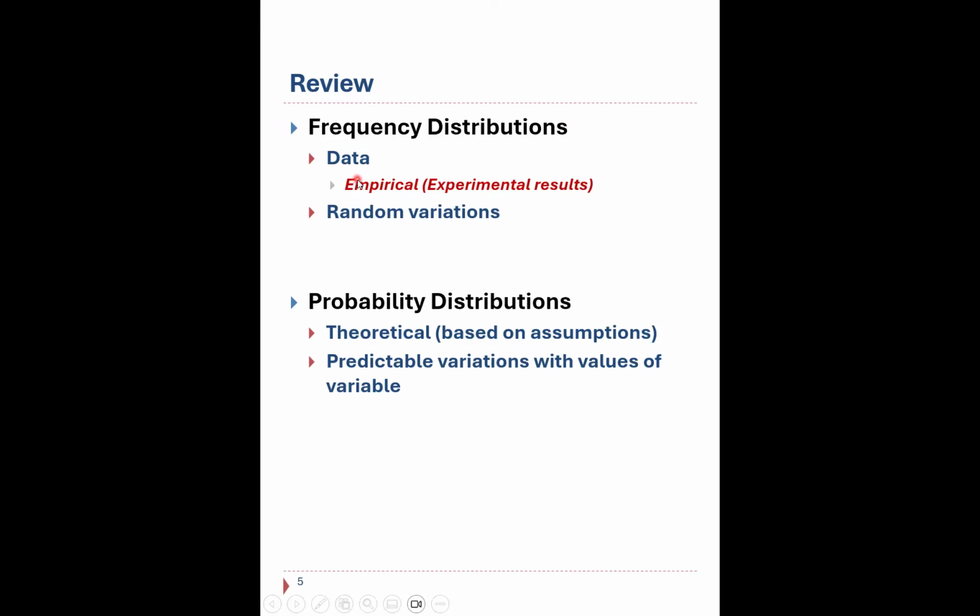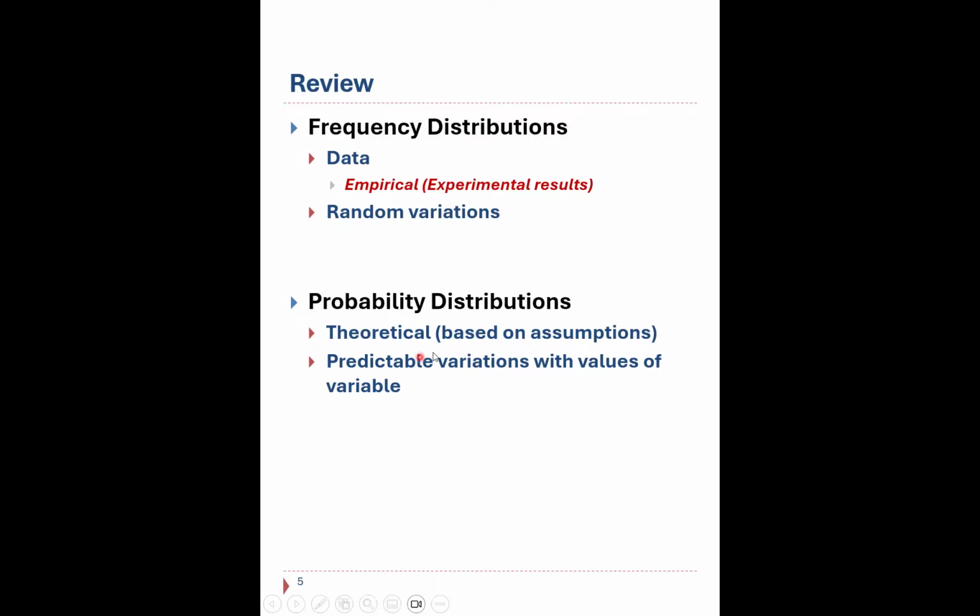We start from the data which comes from the experiment, and the data exhibit random variations. We then develop the frequency distribution and the probability distributions. In the course, we talked about probability distributions, which are statistical models based on assumptions like the probability of success and probability of failure, and then we generate the estimates in binomial distributions.